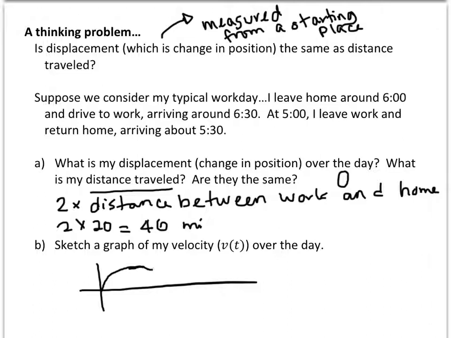And then, I slow down at some point, and I'm at work for a while, so my velocity is 0, probably most of the day. That keeps going on. But then at some point, I leave work and I head back to home. In this case, my velocity is negative because my distance from home is decreasing. I'm going the opposite direction than I was coming here. But again, I speed up. I travel at roughly the same velocity in the opposite direction going home for a period of time, and then I'm back at home.